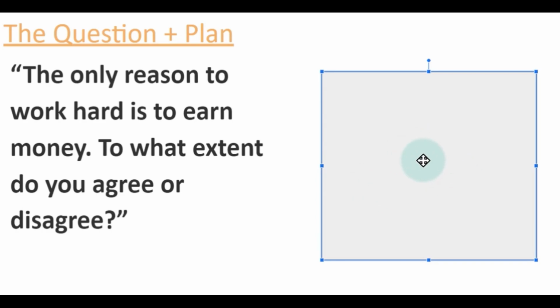Now, the only reason to work hard is to earn money. I disagree with this. So in supporting paragraph 1, I probably want to explore 2 reasons why I disagree, and in supporting paragraph 2, 2 reasons why I disagree. So that's 4 reasons altogether.